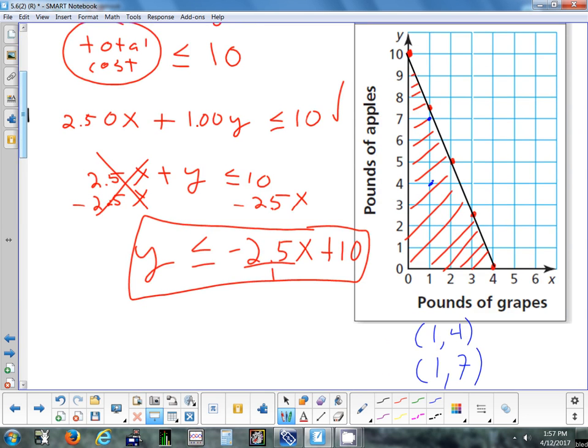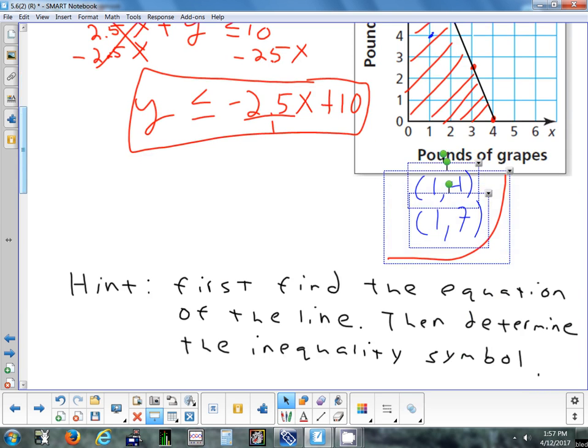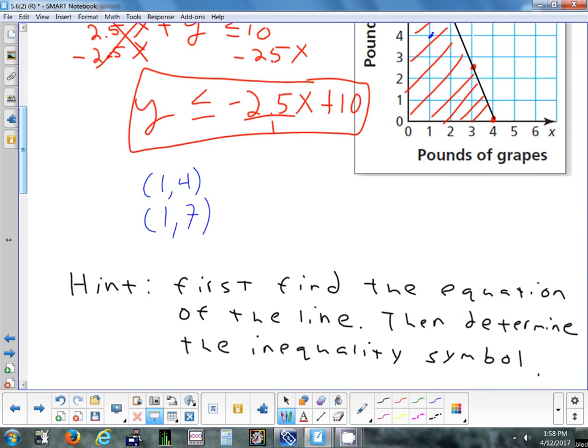So, what does 1, 4 mean in this problem? Exactly. You bought, let me write that in. Can you say that again, Kyle? 1 pound of grapes and 4 pounds of apple. 1, 4 means 1 pound of grapes and 4 pounds of apples.